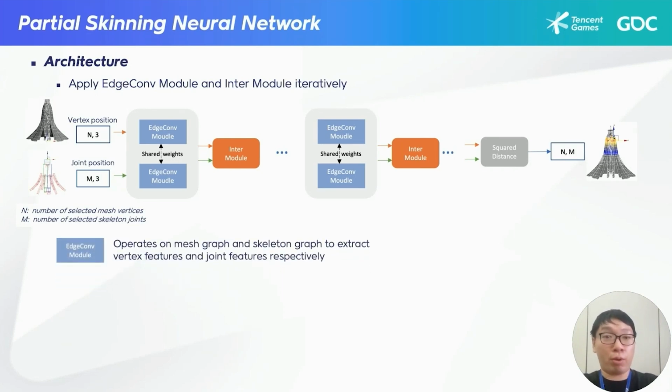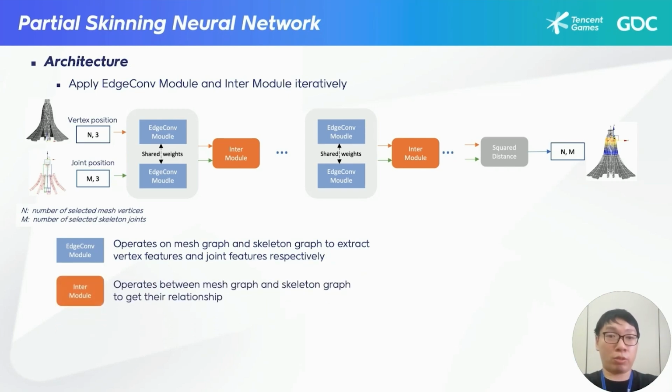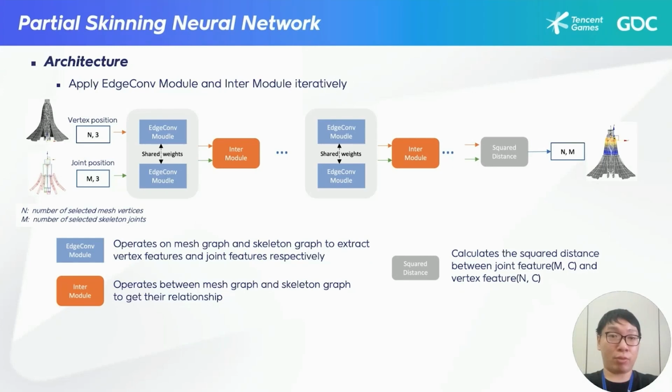The edge convolution module operates on mesh graph and skeleton graph to extract vertex features and joint features, respectively. The intermodule operates between mesh graph and skeleton graph to get the relationship. And the square distance module calculates the square distance between joint and vertex features to obtain final skin weight.